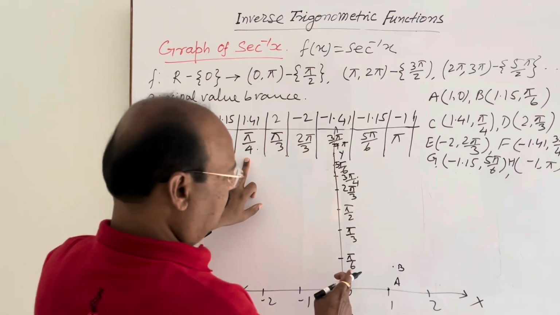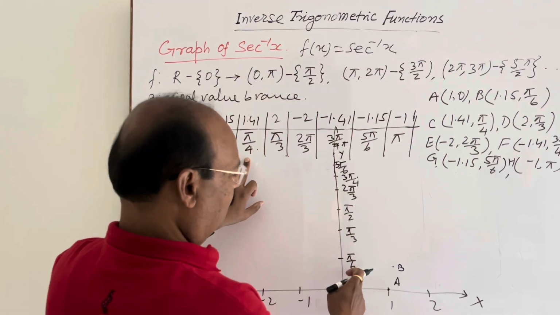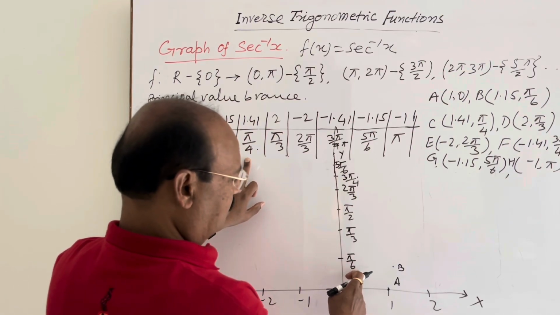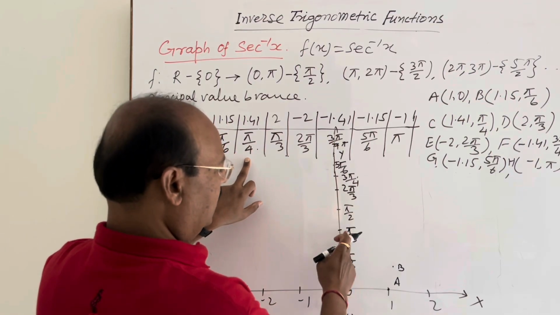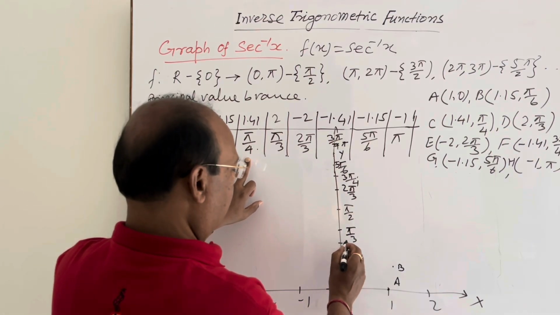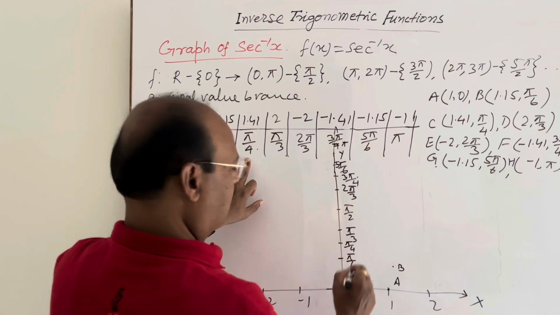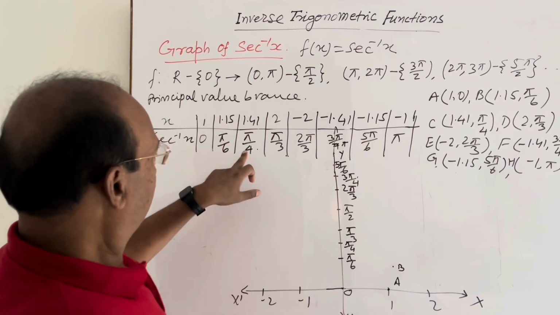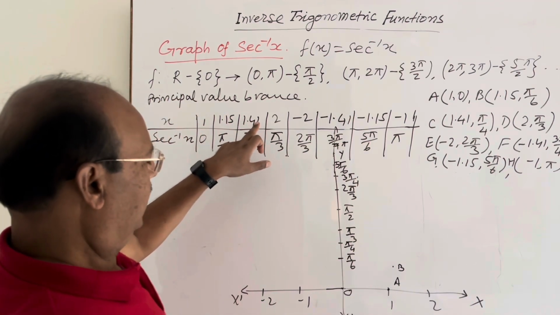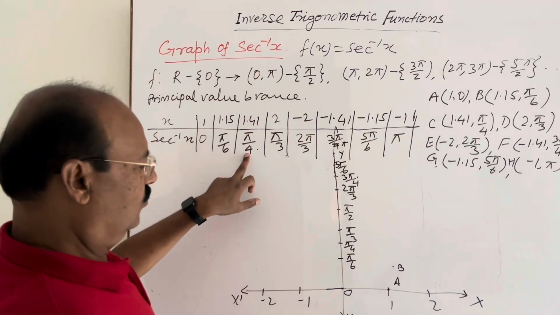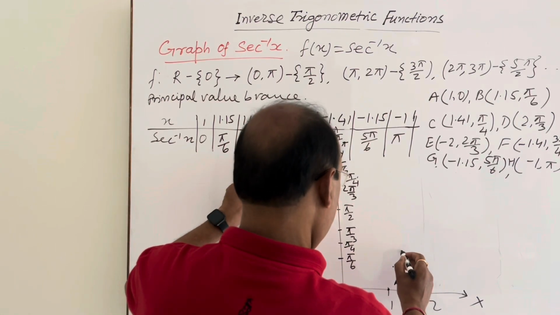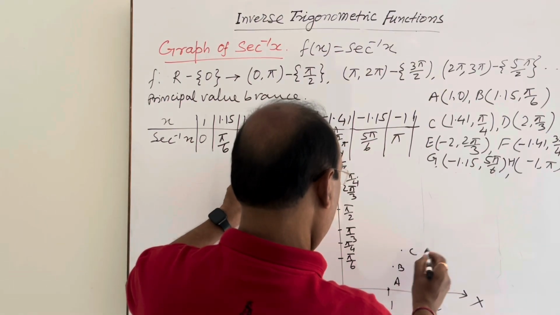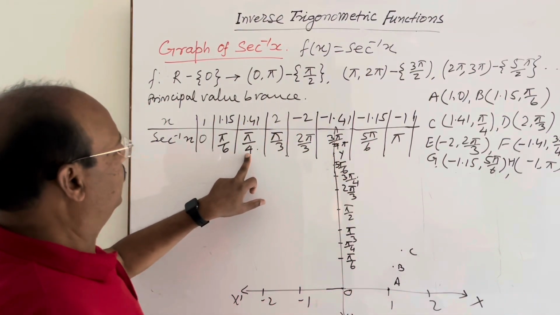So in between 30 degrees and 60 degrees, there will be 45 degrees, pi by 4 here, correct? So 1.41 x coordinate and pi by 4 y coordinate. 1.41 somewhere here. This is point C.